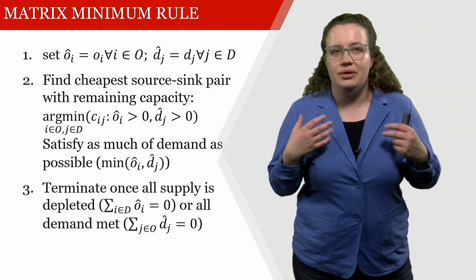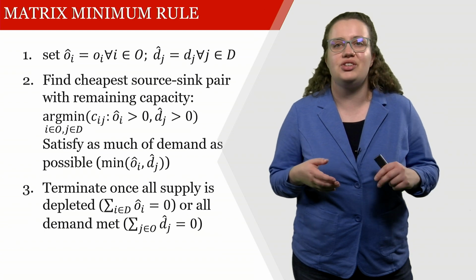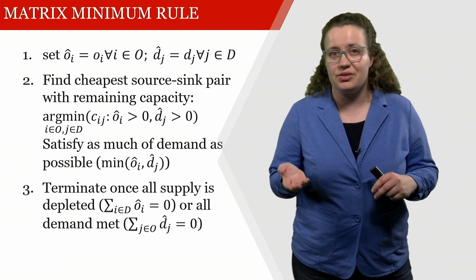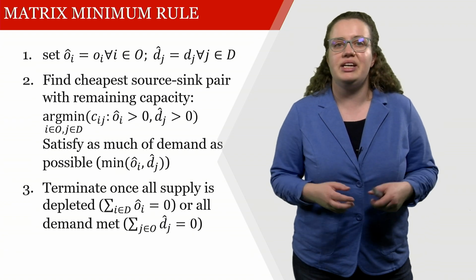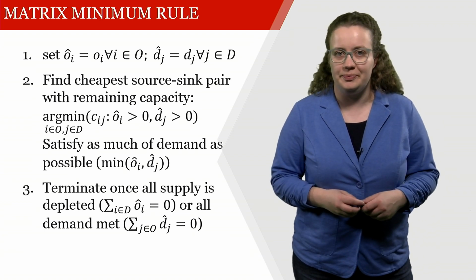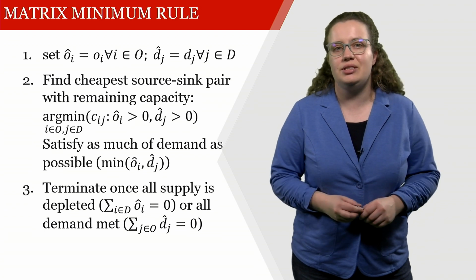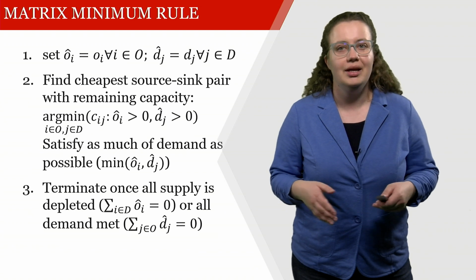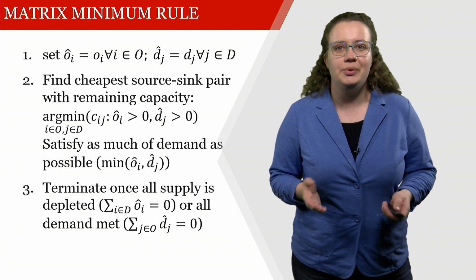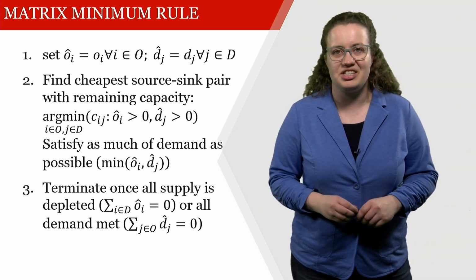So we're minimizing c_ij such that O_i is greater than 0 and D_j is also greater than 0. And we satisfy as much demand as possible. And then we terminate once all supply is depleted or all demand is met. Also here, we're going to look into the example to see how we're actually doing these things.